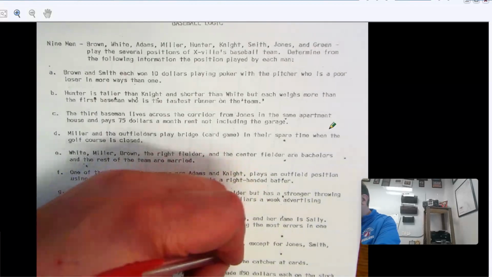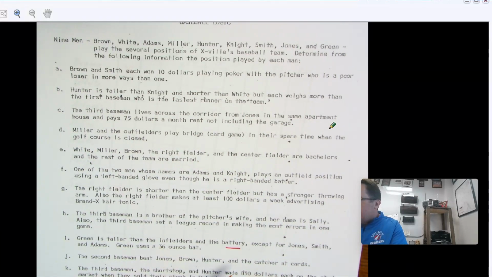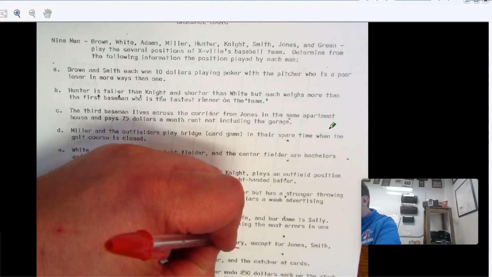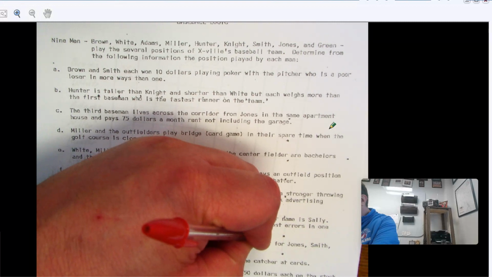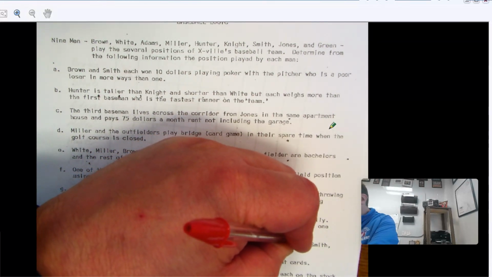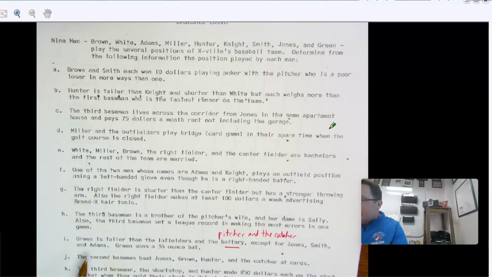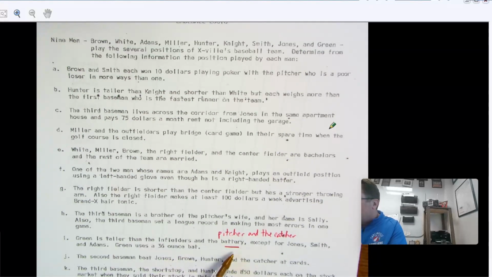It's this one here, okay? And it says, green is taller than the infielders and the battery. And so if you don't know this sort of baseball trivia, the battery is the pitcher and the catcher. And so that means that green is neither an infielder nor the battery, okay?